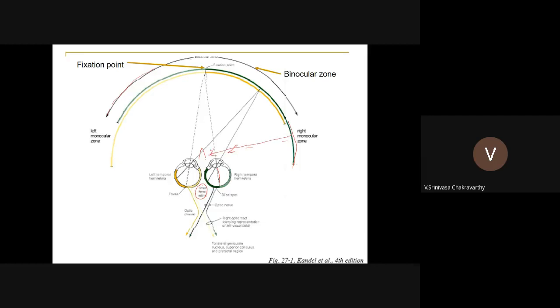So it gets blocked by the nose. This can be seen only by this eye. Therefore, it is called the right monocular zone. Similarly, there is a left monocular zone which can be seen only by the left eye, but not by the other eye. But there's a huge part of the visual field which can be seen by both eyes, and therefore it is called the binocular zone.